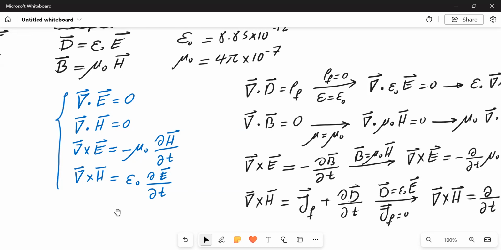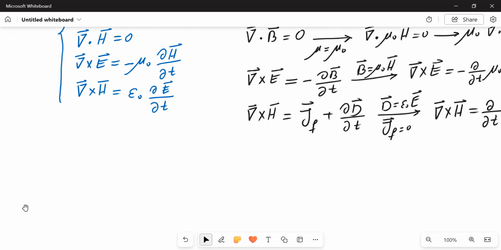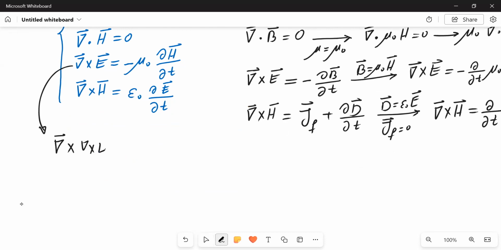equation. Now, the way we're going to do that is I'm going to take the curl of both sides of the third equation. So if I look into the third equation and I take the curl of E, that would give me the curl of minus mu naught times the time derivative of my magnetic field.